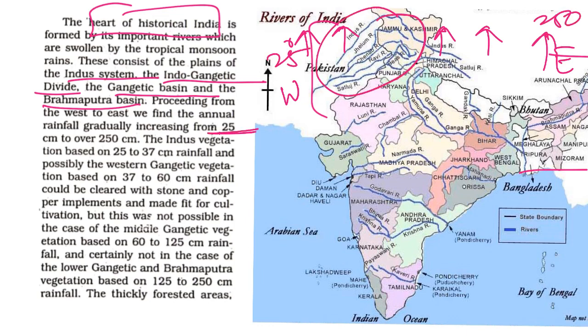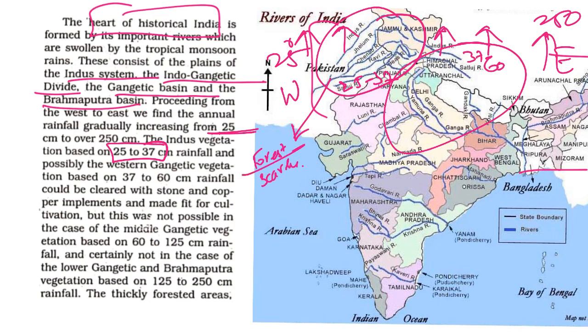In the Indus Valley the rainfall will be around 25 to 37, whereas in the Western Gangetic region the rainfall proceeds from 37 to 60, right. Here the forest will be very scarce, so this forest can be cleared by using stone as well as copper implements.